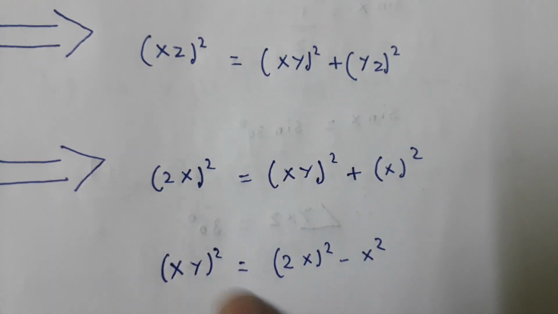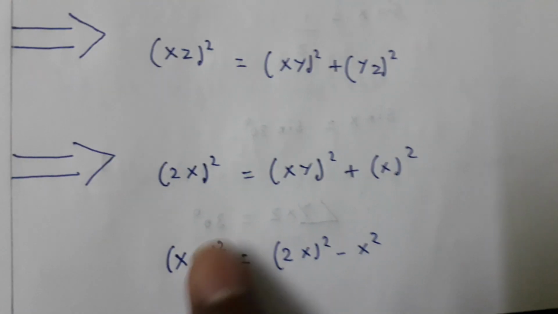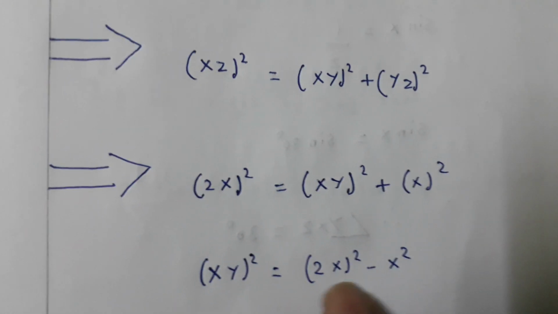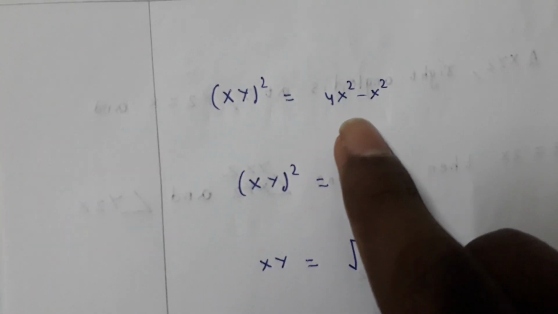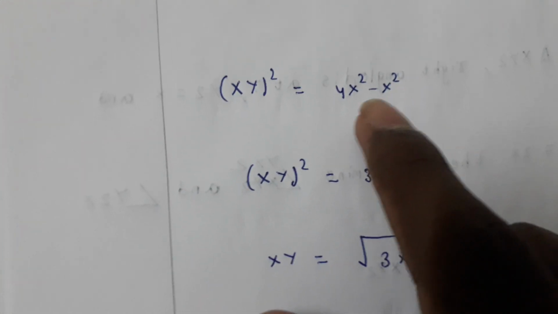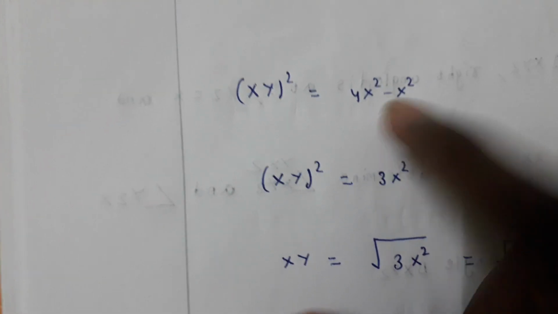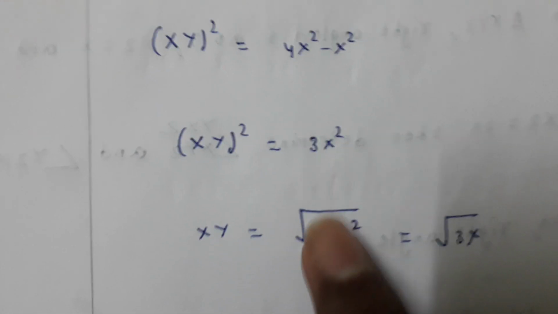Now transposing this XY to this side and bringing this XZ to here, it will become XY whole square is equal to 2x whole square minus x square. 2x whole square means 4x square, minus x square, means 3x square.